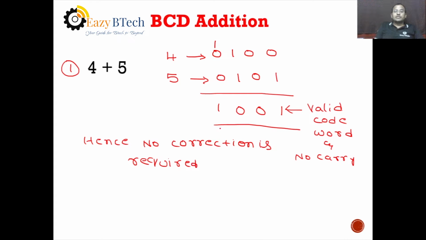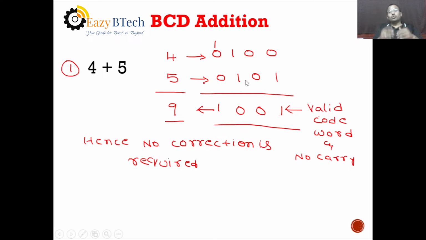What is the corresponding decimal digit for 1001? It is 9. So 4 plus 5 is 9, and the answer is correct. No correction is required because it is a valid code word and there is no carry out of this 4-bit operation.